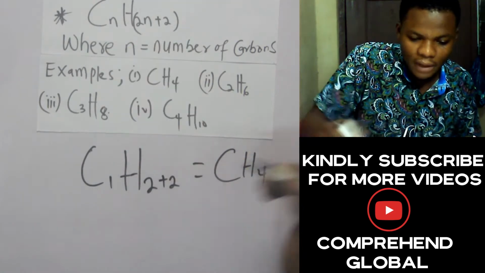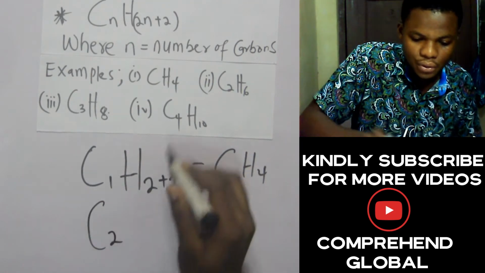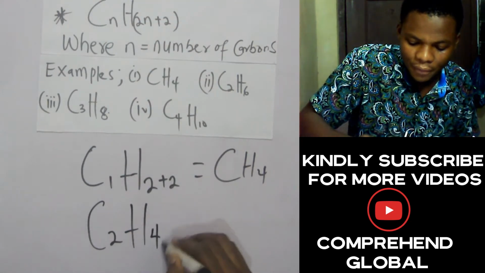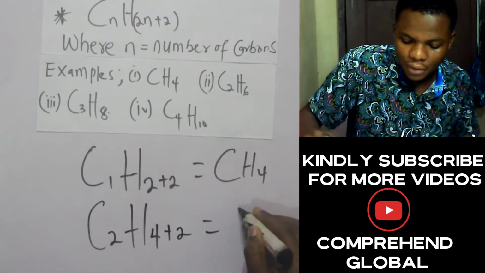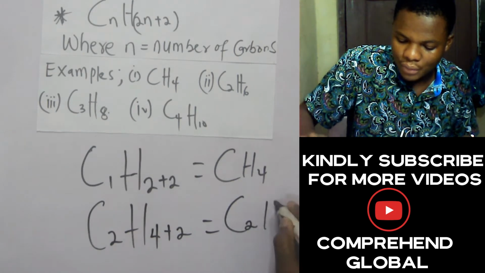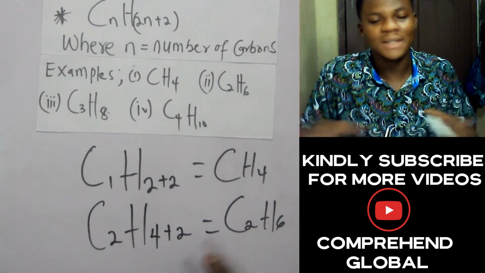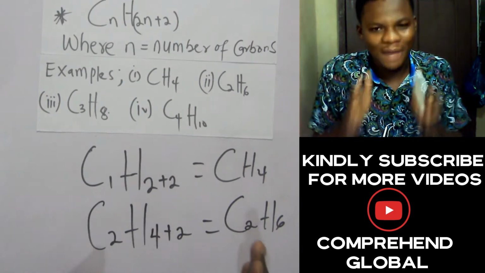If carbon is 2, C2 with H, 2 times 2 is 4, plus 2, giving you C2H6. That is basically how you get certain alkanes with a given number of carbons.